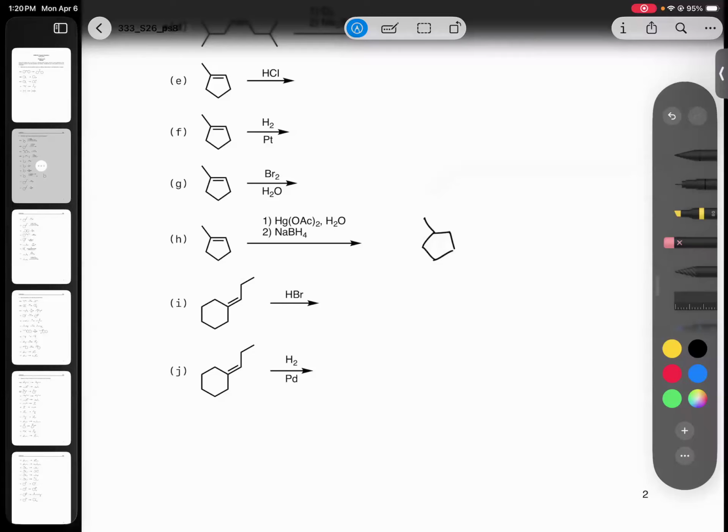And say, all right, it's an addition reaction, and so we're going to end up with two things that have been added to the carbons that were part of the double bond originally. The question is, what are those? And for that, you're just going to have to look or memorize your chart. The mercury acetate and sodium borohydride, what's that?